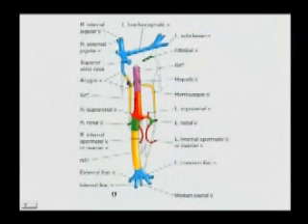So two hemiazygos drain into the, and that's even incorrect. Sorry, the right one is the azygos, and the hemiazygos is on the left, and it drains over into the azygos veins on the right.